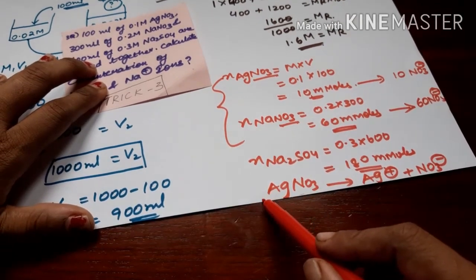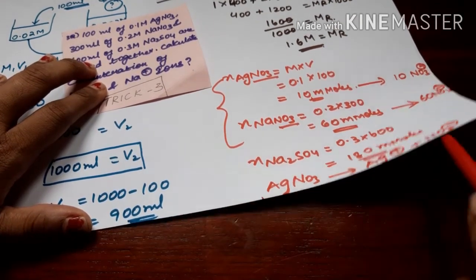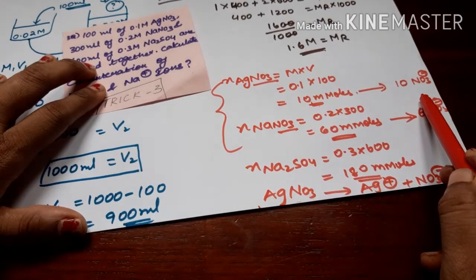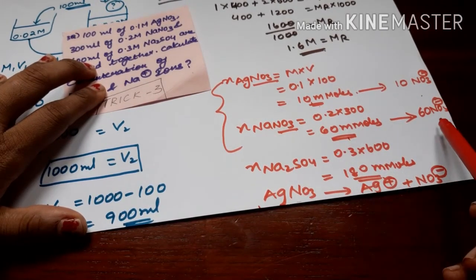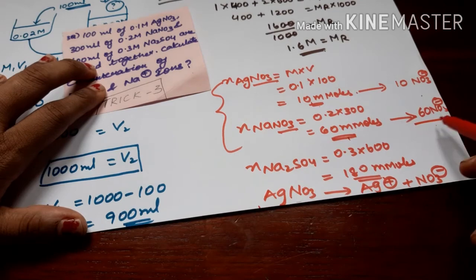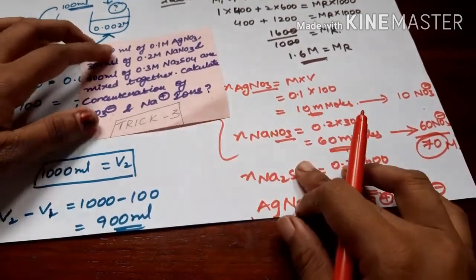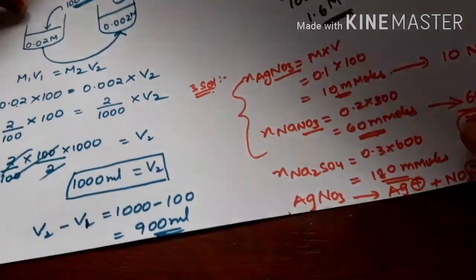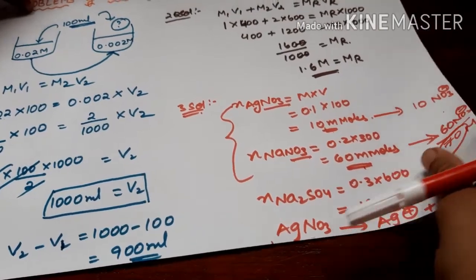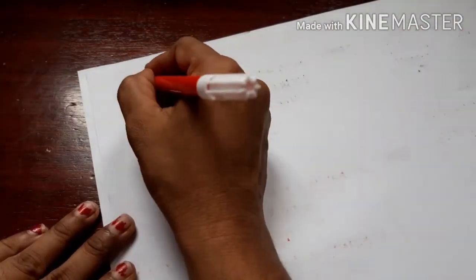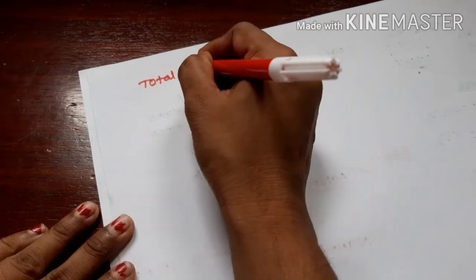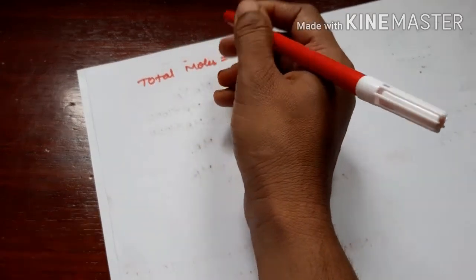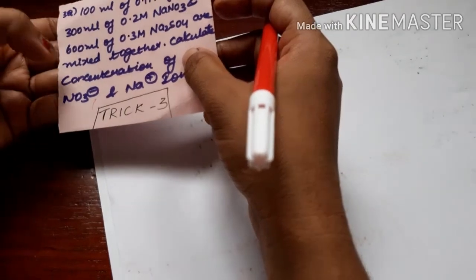Based on this, 10 millimoles gives 10 millimoles of NO3 minus, and 60 millimoles gives 60 millimoles of NO3 minus. In total, we get 70 millimoles of NO3 minus from AgNO3 and NaNO3. This 70 is the total moles. In the question, the volumes are given as 100, 300, 600.